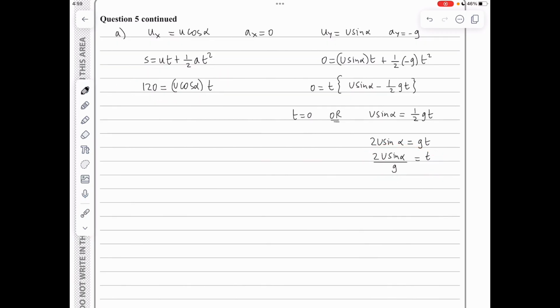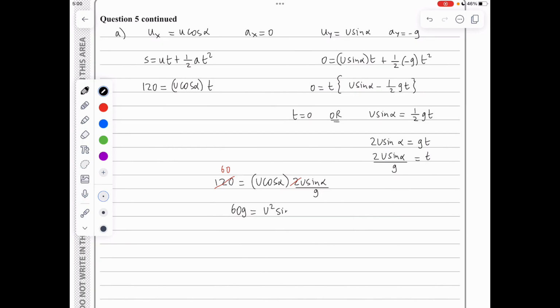So I can use the expression for t and replace it here. We get that 120 is equal to u cos alpha times 2u sine alpha over g. We can simplify the 120 with the 2, leaving a 60 on the left hand side, and we can then proceed through cross multiplication. 60g is u squared sine alpha cos alpha.